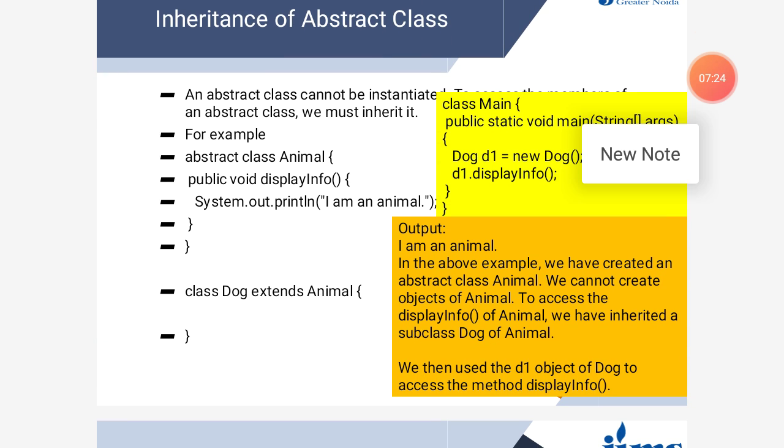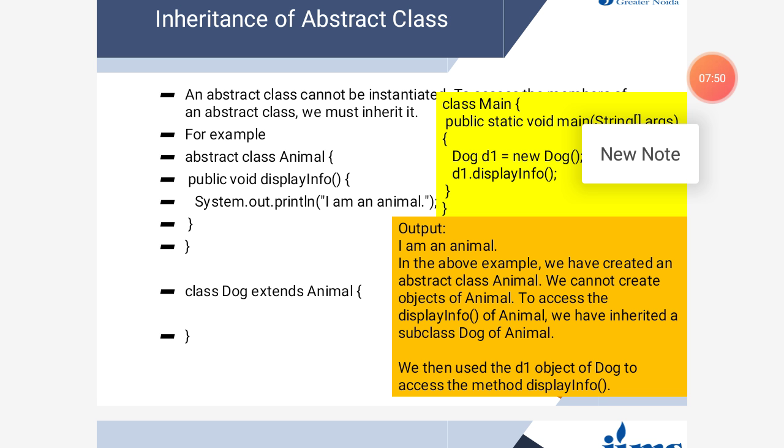Now we see inheritance of an abstract class. How can we inherit? In this example, there is one class, the Animal class, that is abstract, and it has its method displayInfo. This method has its body.